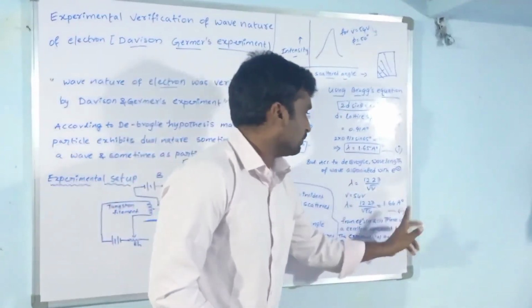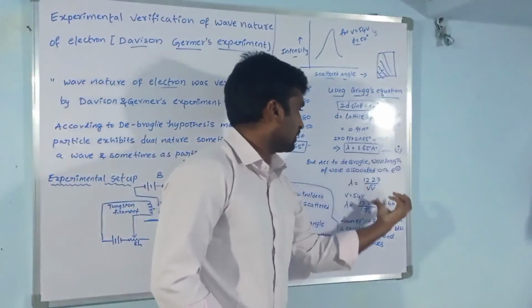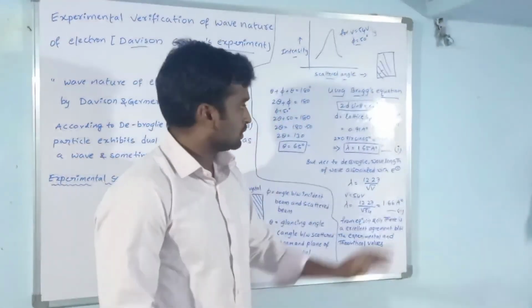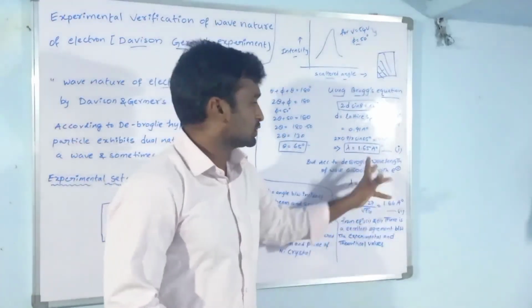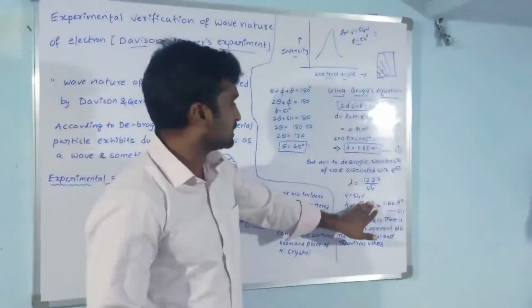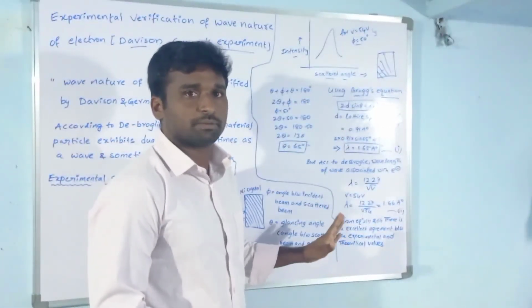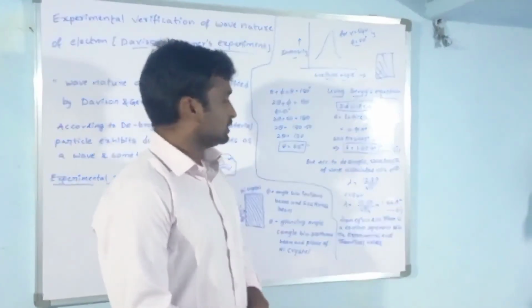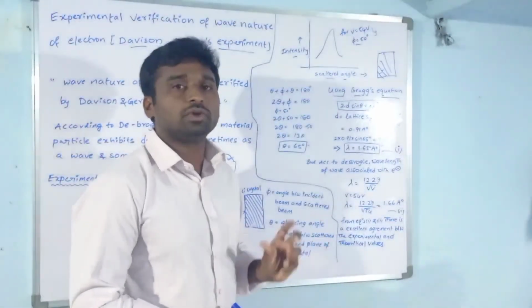It will give the value 1.66 angstrom. Suppose this is equation 1, this is equation 2. These two equations are approximately equal. This is an experimental value, this is a theoretical value. Both are same, there is no change. Approximately both are equal. So we will say that the electron has dual nature.